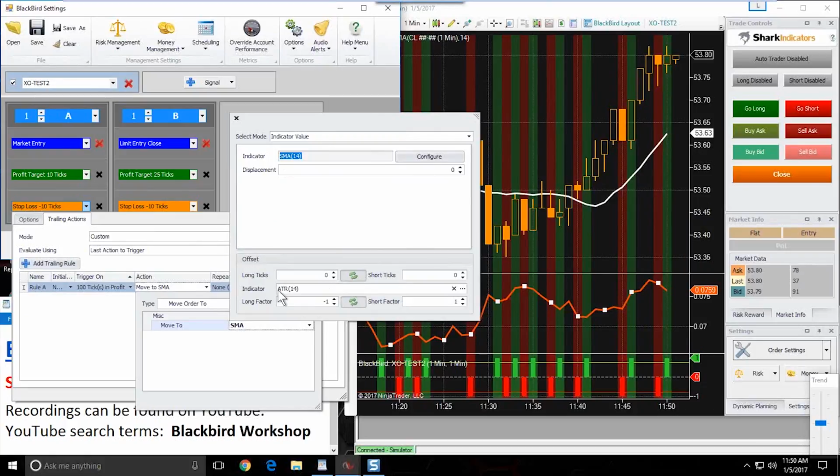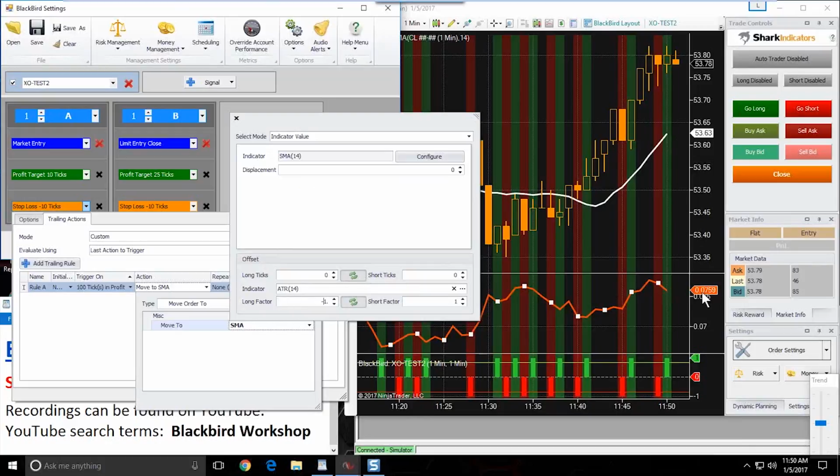We're using an ATR as an offset. So we take the price of the SMA 14 and then subtract the ATR. Our long factor is set to -1, so that's going to subtract the ATR.